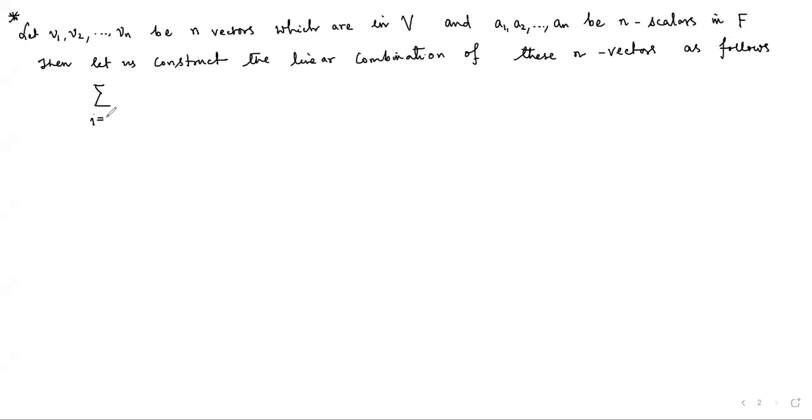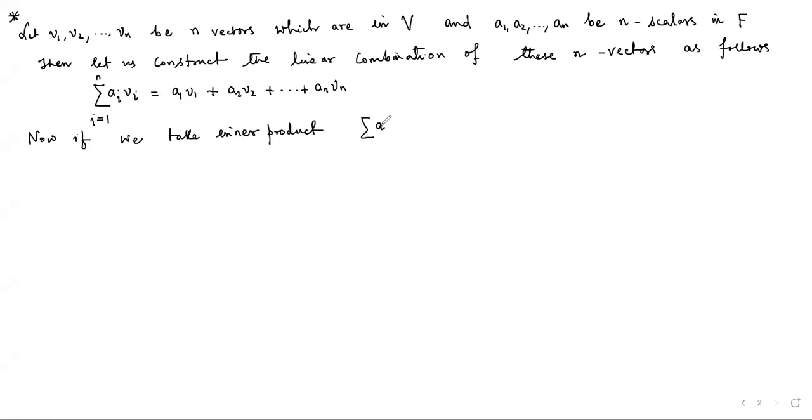We are considering it as summation i goes from 1 to n of ai vi, which means a1 v1 + a2 v2 + ... + an vn. Now if we take the inner product of summation ai vi, i goes from 1 to n, with y, then what do we get?